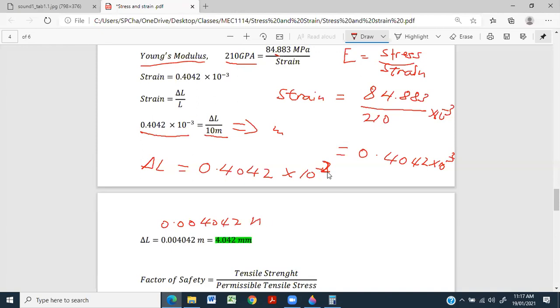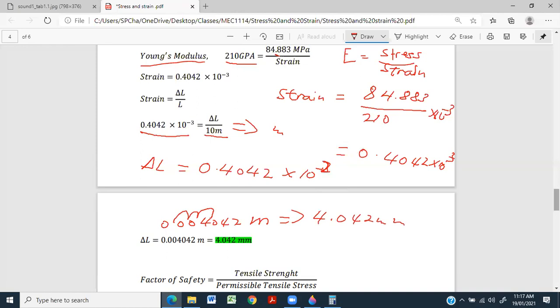Now, 1 meter is 1,000 millimeters. So just multiply this by 1,000, right? We get 4.042 millimeters, right?